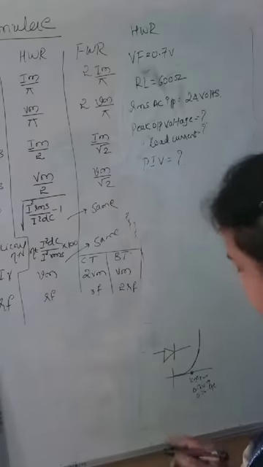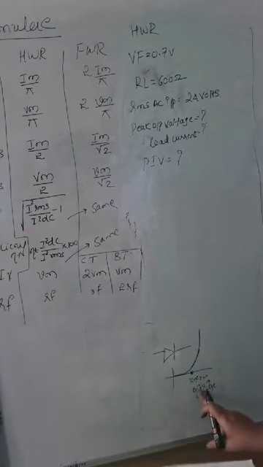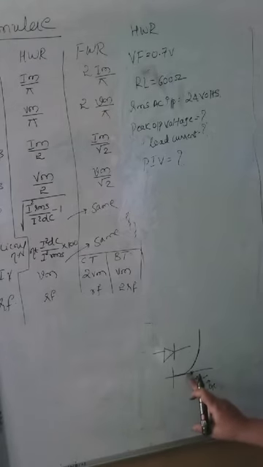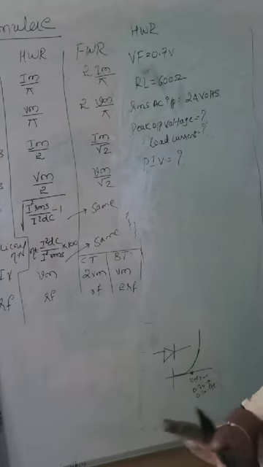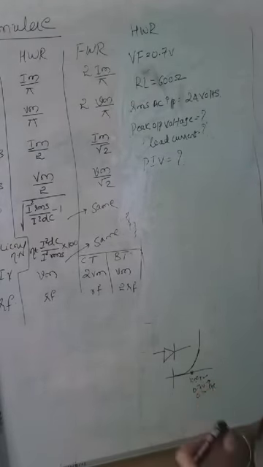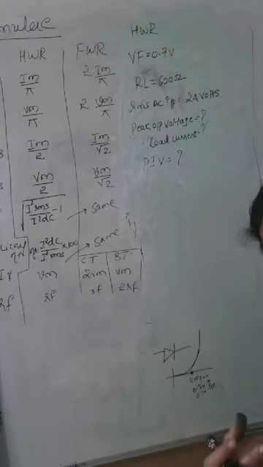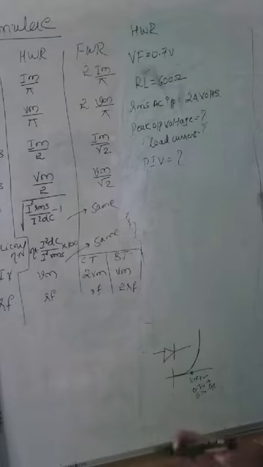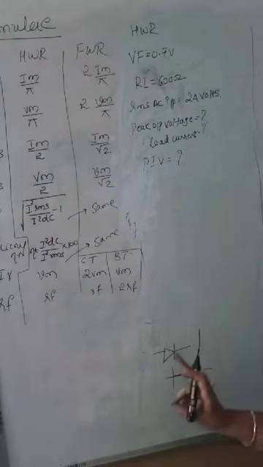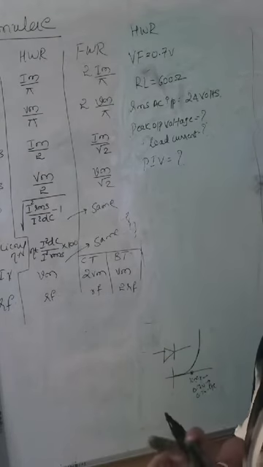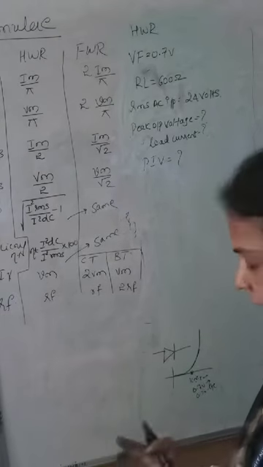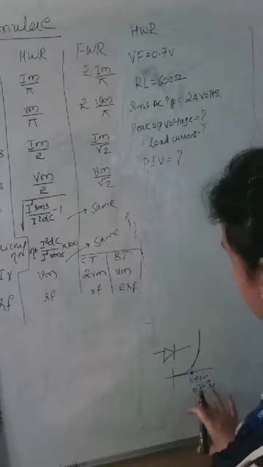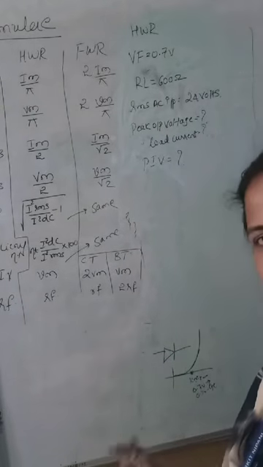Till 0.7 volts there will be no conduction in the diode, and the current flowing through it will be negligibly small. Only after 0.7 volts do we get considerable current. Therefore we can assume that till 0.7 volts the diode is off.